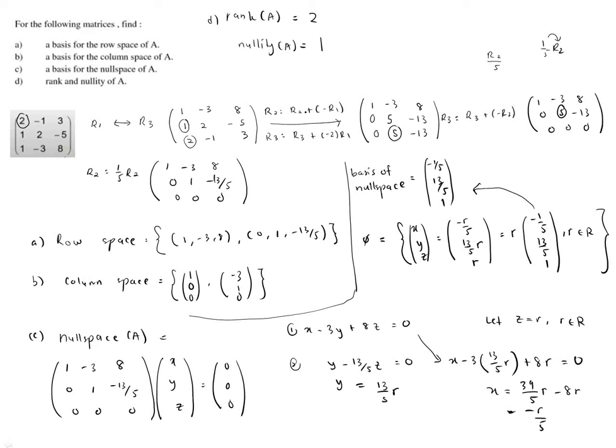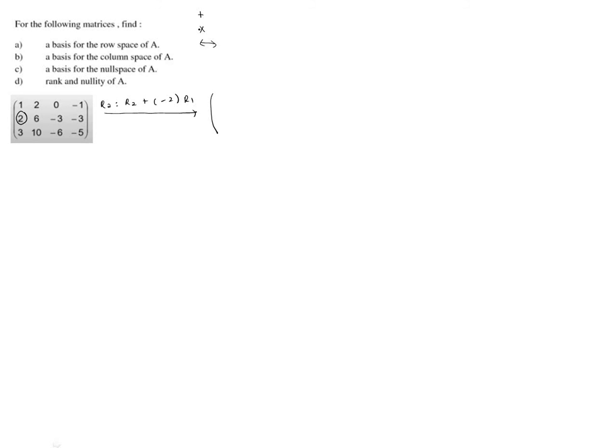Sama juga macam kalau tambah dan tolak kan. Macam ni. Boleh je tulis R2 minus R1. But since the operation is plus, so kita buatlah plus negative R1. Macam tu. Because supposedly only 3 operations: plus, multiplication and exchange. Okay, R2 plus negative 2 multiply by R1.